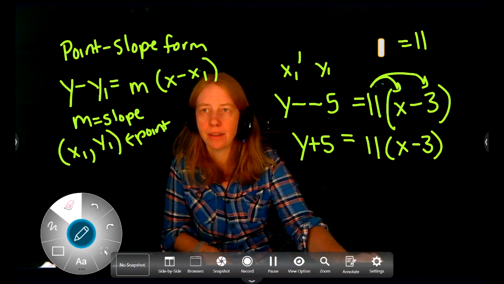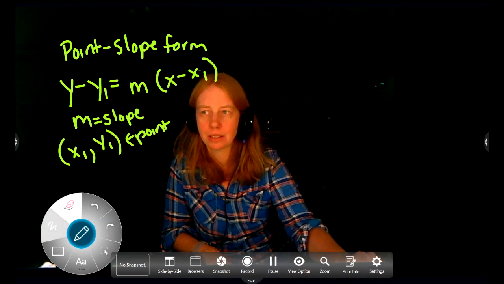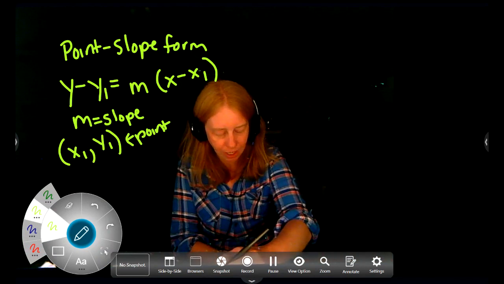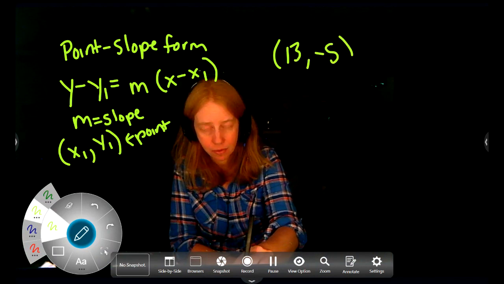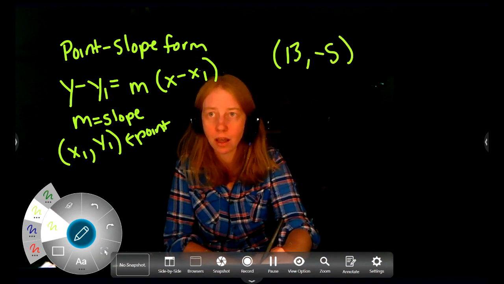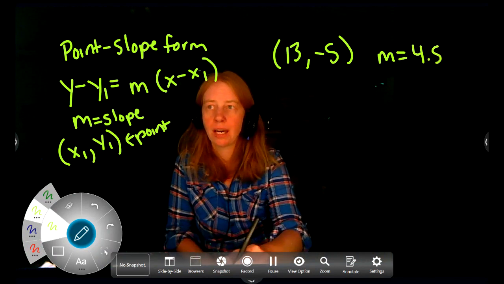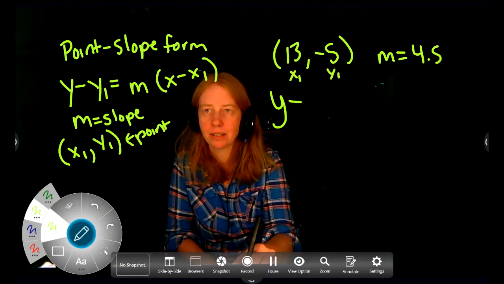Let's do another example of this, just to make sure you're comfortable with that x1, y1 business, because that kind of takes a bit to get your head around. So here we go. We have a point, which is 13, -5, and we have a slope of 4.5. So again, we're going to start with our formula, y minus, x1 is this, y1 is this, so -5.